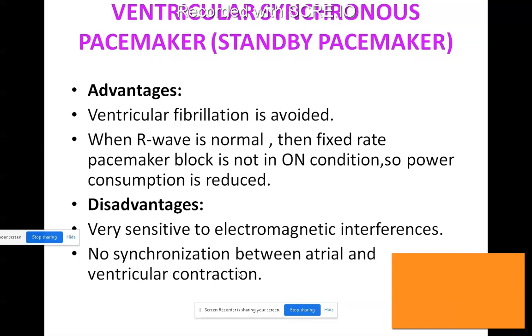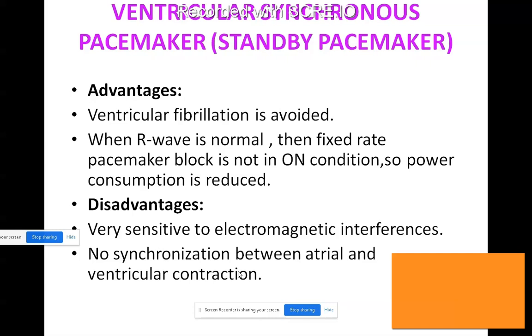When the R wave is normal, you have no need to use your pacemaker. Only when your R wave fails to generate will you use the pacemaker. So it will switch on and off automatically by detecting your R wave with the help of the reference R wave signal, so the power consumed is reduced.